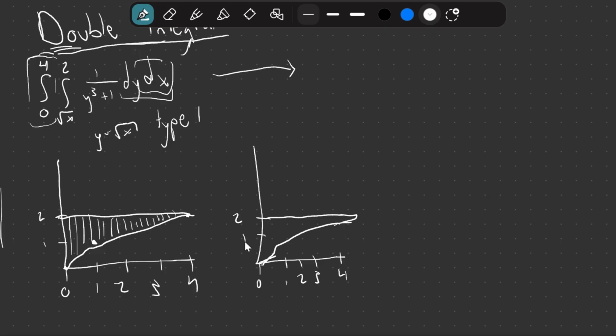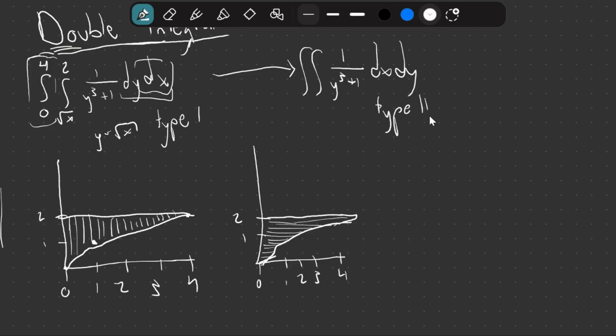We know that it now has to be horizontal lines. It'd be in dx dy format because now we're doing type 2.